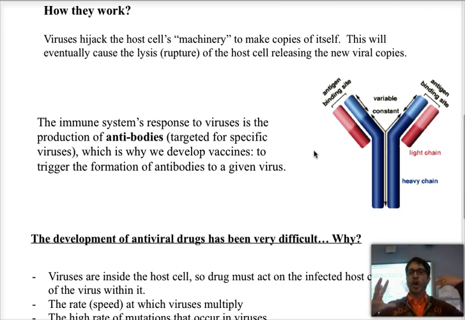Those copies of the DNA or RNA and the protein envelopes are assembled together. We have now all these new viruses inside the cell. Eventually, the cell will lyse and release all of these viruses into the environment, where they can then go and invade new cells. So this is the whole cycle of how they work. They keep on living inside of different cells, to continue making copies of themselves.